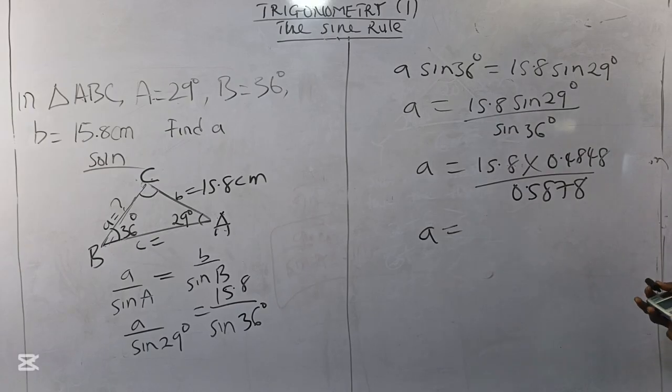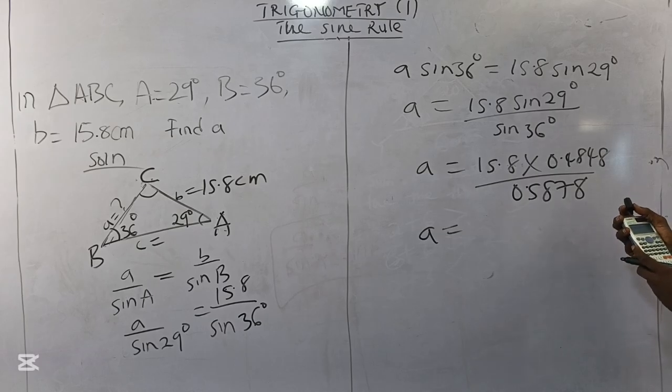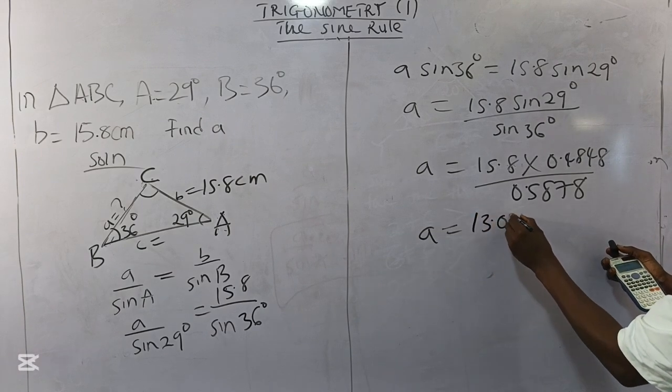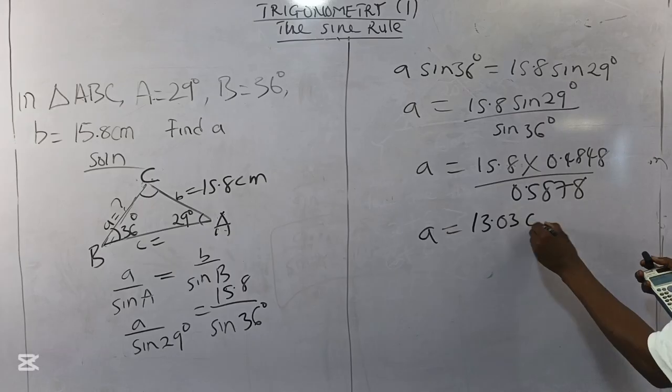And a will be equal to 15.8 times 0.4848, which equals this, and divided by 0.5878, which gives me this. So my answer for a is 13.03 centimeter.